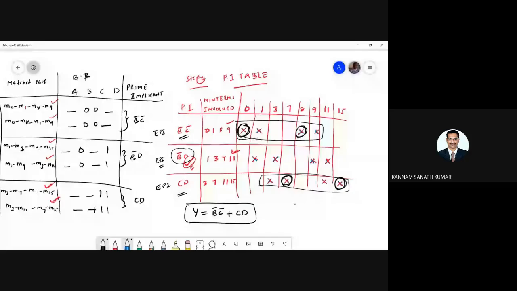Okay, so now whatever the circled cross marks, those are nothing but the essential prime implicants. And parallelly, see the matched pairs in step 3 and step 2 also.